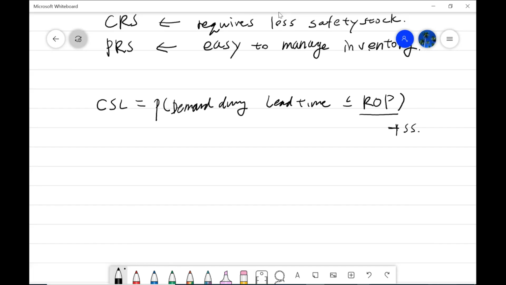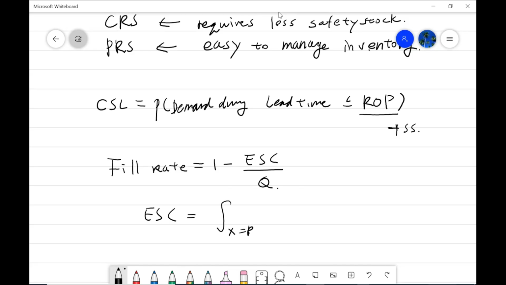Okay. So, what about the fill rate? Fill rate is 1 minus the expected shortage per cycle. Okay, and expected shortage per cycle is just the integral from x equal to the reorder point to infinity of (x minus reorder point) f(x) dx.